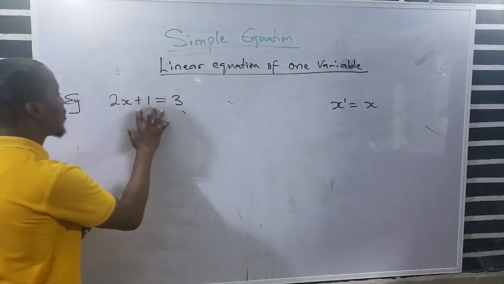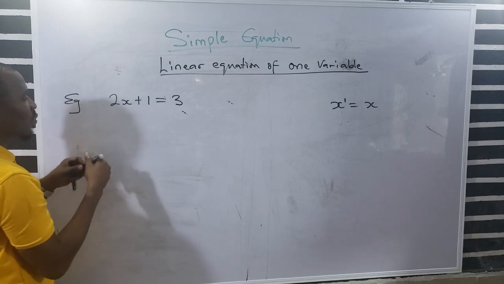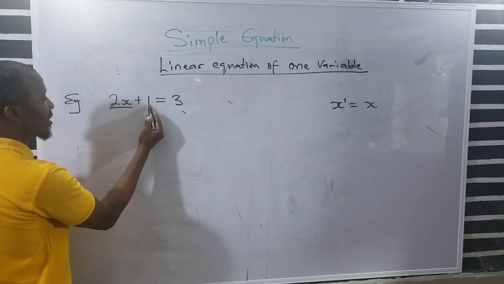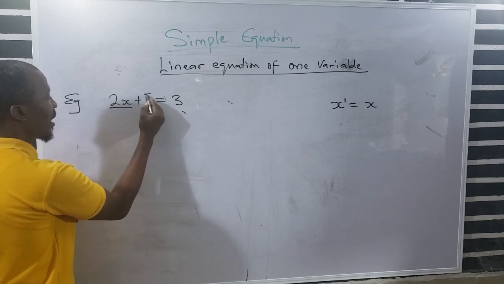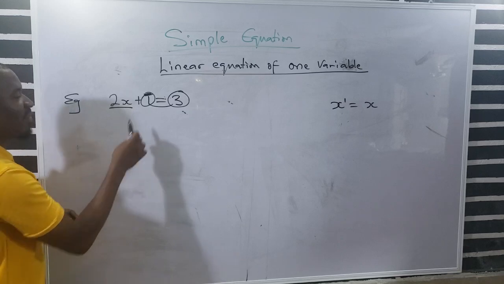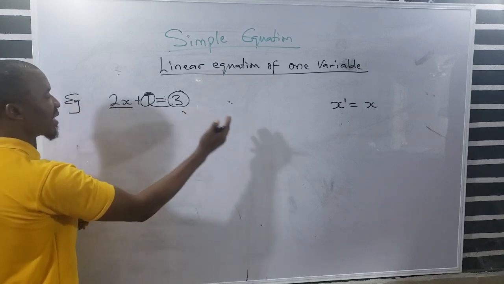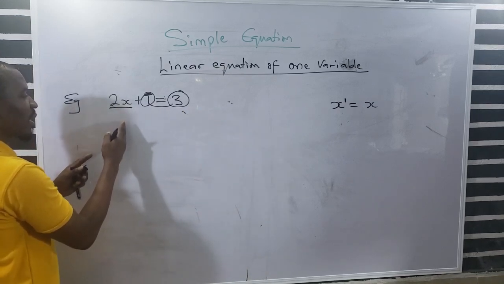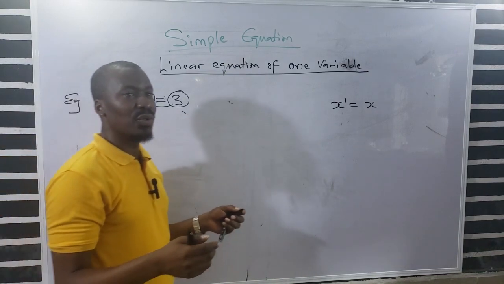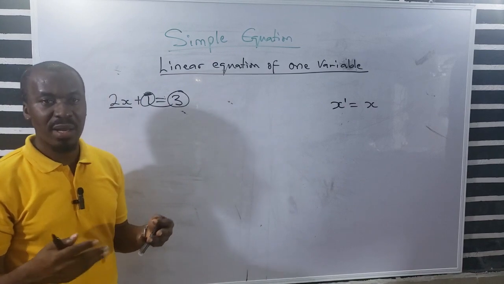So here you can see that this one here is not like this one and this one. So this one here and this one here, they look alike. So we have to collect these two on the same side of the equation, then leave this one on the other side of the equation. By so doing, we can now find the value of our variable.